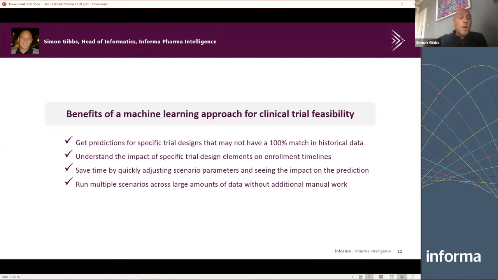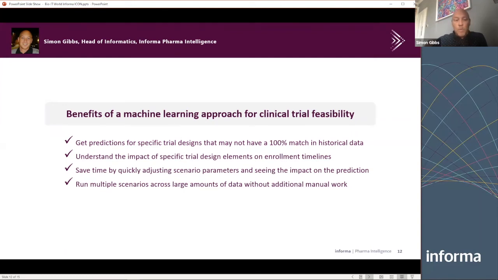This also helps inform the ICON team in understanding where they can potentially make tweaks or changes to the study design. Is it, for example, the countries that have been selected, or the mix and distribution of sites within those countries? Is it the timelines, the expectations around when certain sites or countries may start up? This provides further insight into how the model's working and a level of explainability around the models as well.